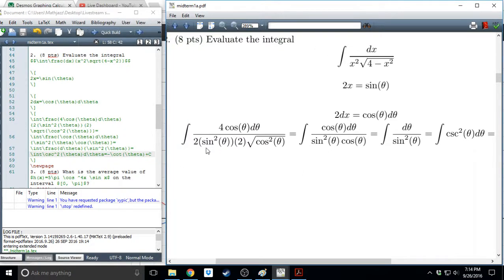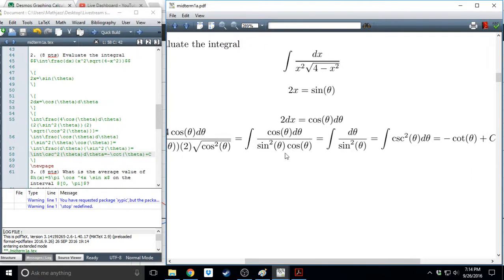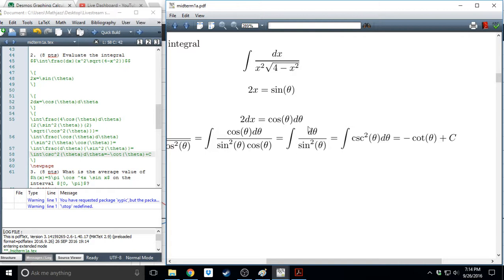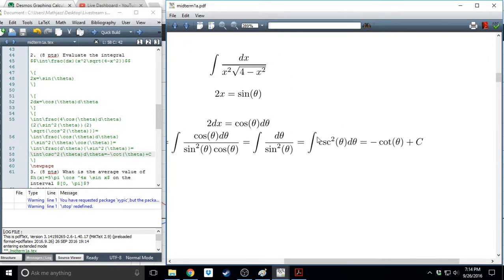We get this when we've substituted. We clean it up a bit, canceling constants out, canceling spare terms out, rewriting 1 over sine squared as cosecant squared, and then remembering that cosecant squared is the derivative of negative cotangent. And here's our constant of integration.